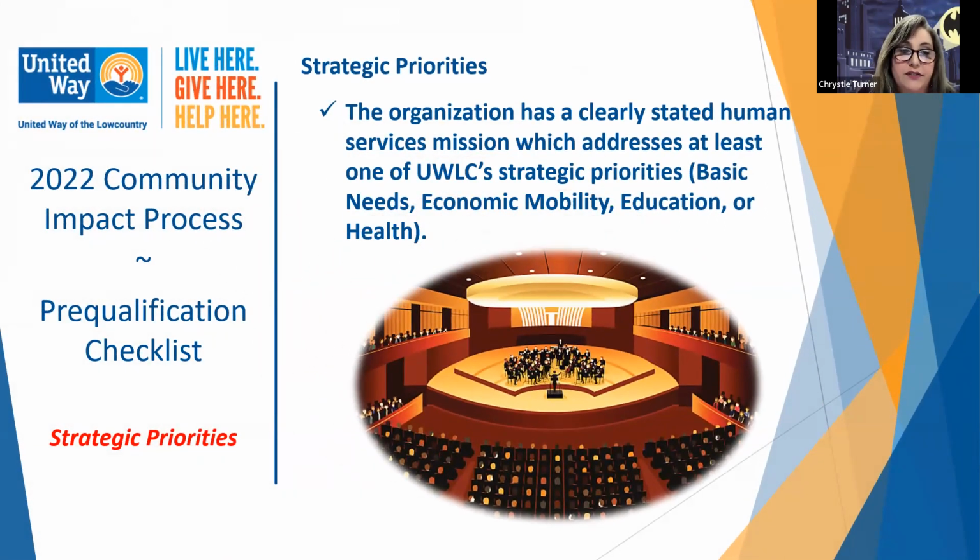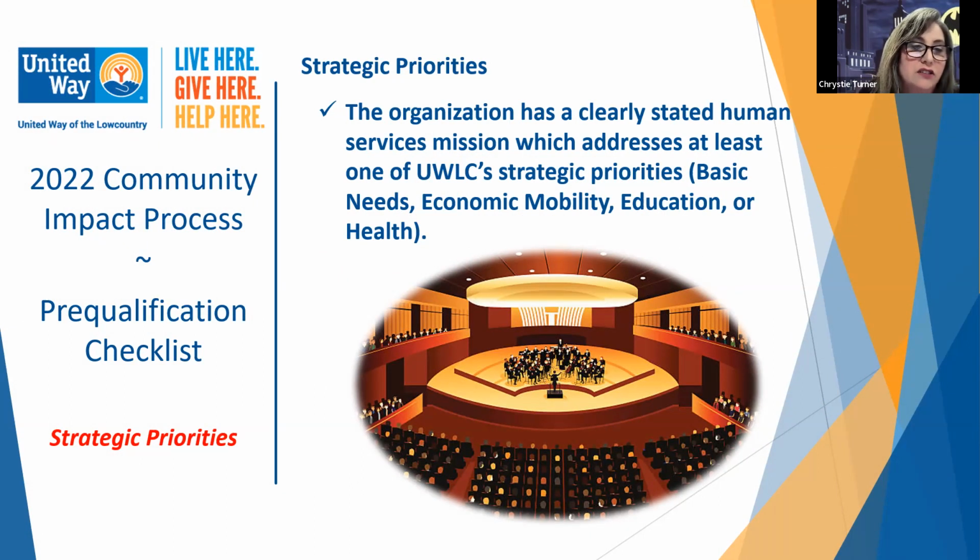Strategic priorities. The organization that is applying for funding must have a clearly stated human service mission, which addresses at least one of United Way's strategic priorities for this focus year, which will be education and health. This is really how we think of the community. United Way, we're out in the seats.